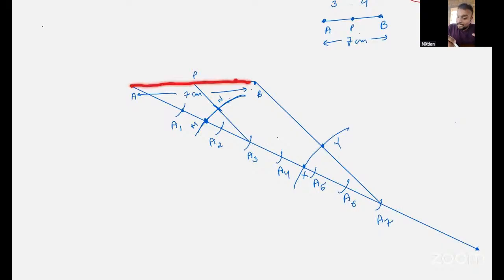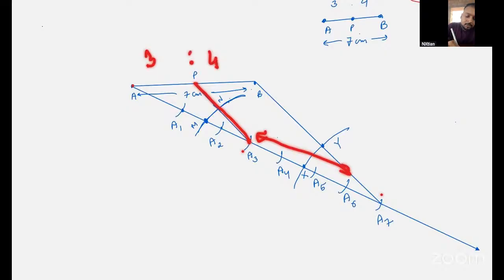I make another line segment and divide it into 7 equal parts. These are equal parts because we make the arcs without disturbing the compass. Out of 7 equal parts, I make 3 equal parts on one side, which is 3, and the remaining 4 equal parts on the other side, which is 4. That is why it becomes a 3:4 ratio.